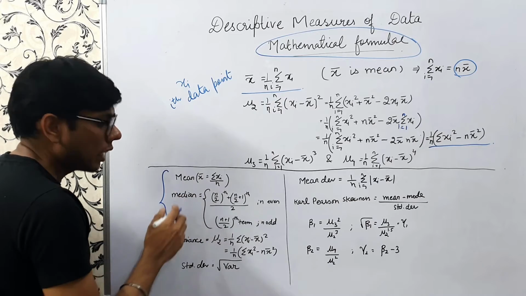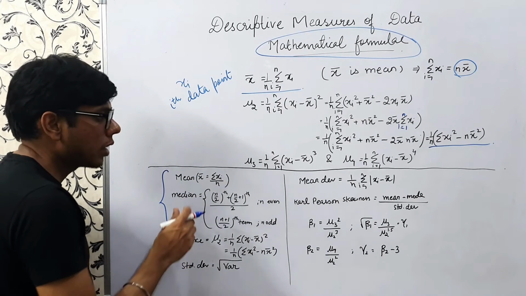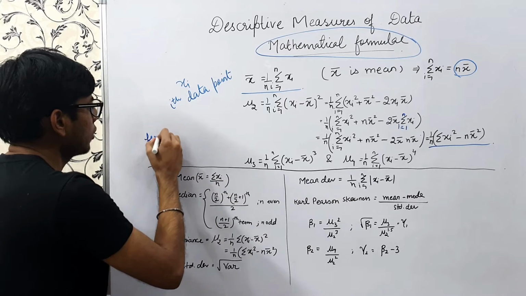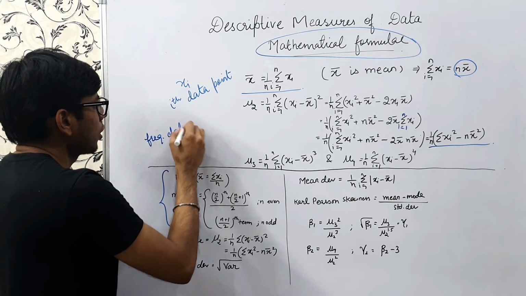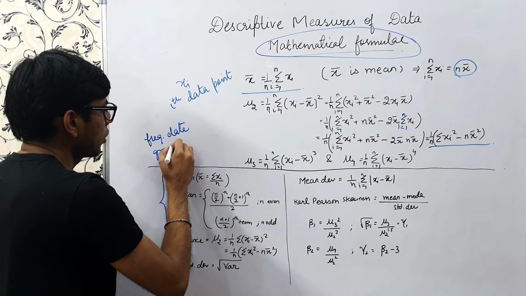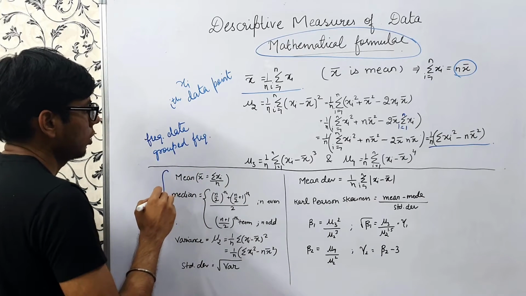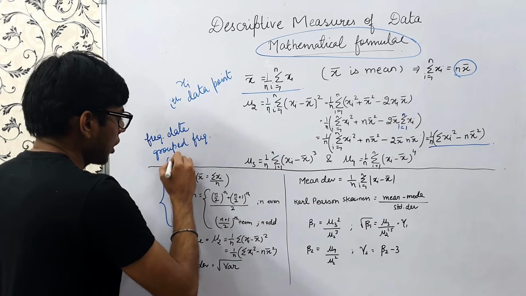So for mean and median, there are a lot of cases, like there are simple frequency data, grouped frequency data, class data.